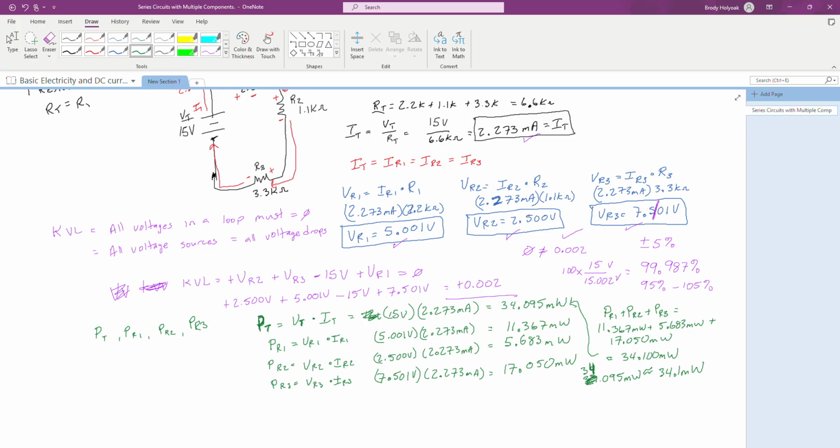So if we take our 34.1 and divide it by the 34.095 times 100, we come up with an answer of 100.014, meaning we are 0.015% off of what the answer should be. In the grand scheme of things, not that big of a deal.